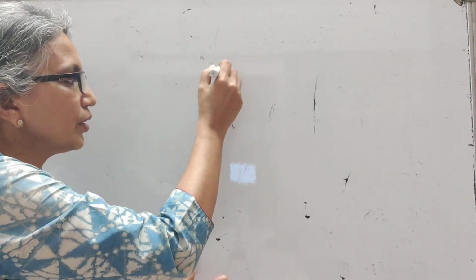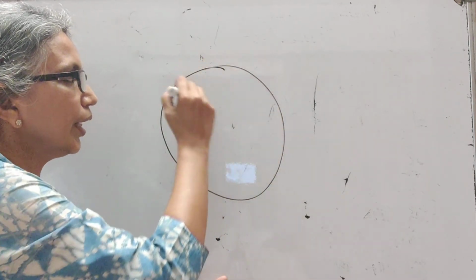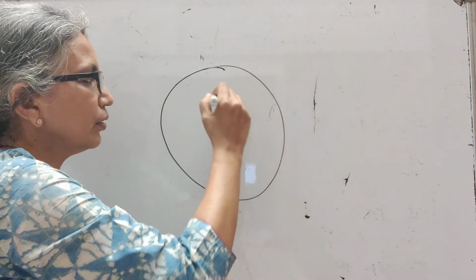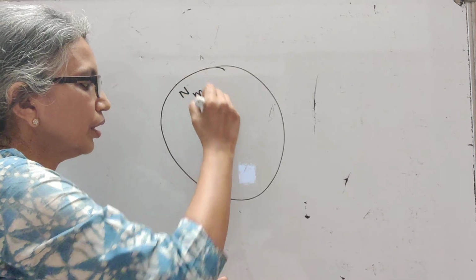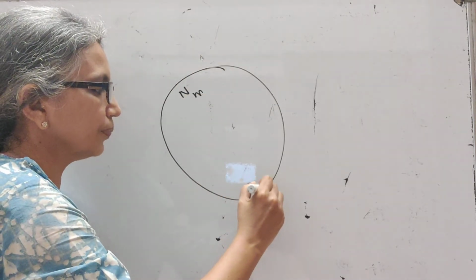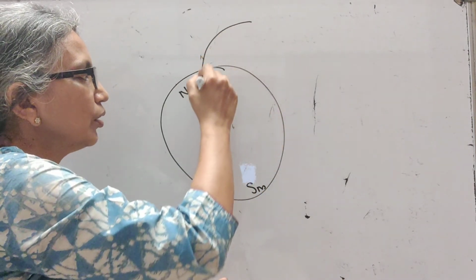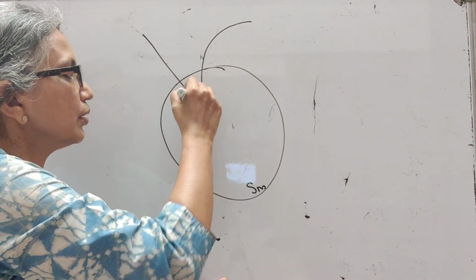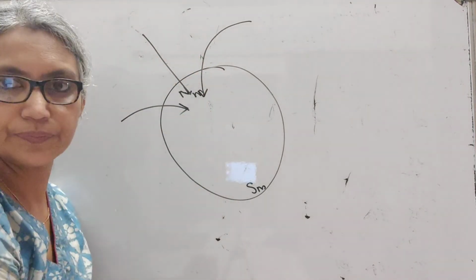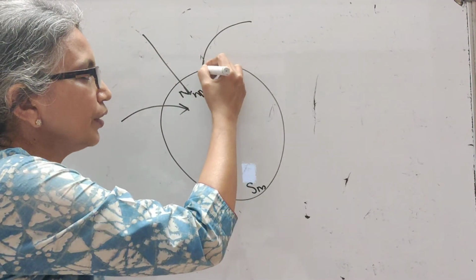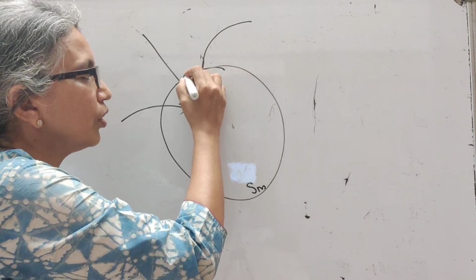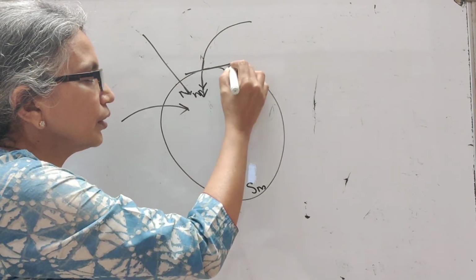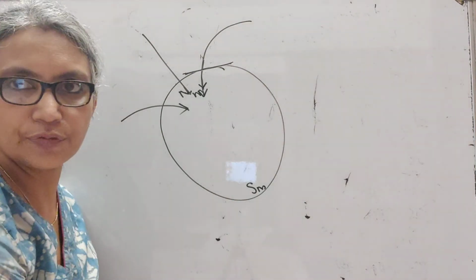Then the second thing we discussed, the angle of dip. We know that if you have the surface of the earth like this, at any place, let's say this is the magnetic north and this is the magnetic south, your field lines are coming in like this. You will see that this field line is not parallel to the surface of the earth. This is a tangent at the surface of the earth.